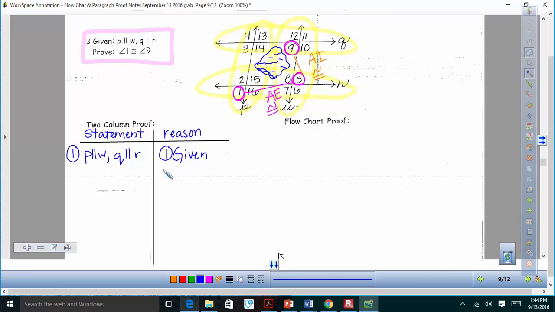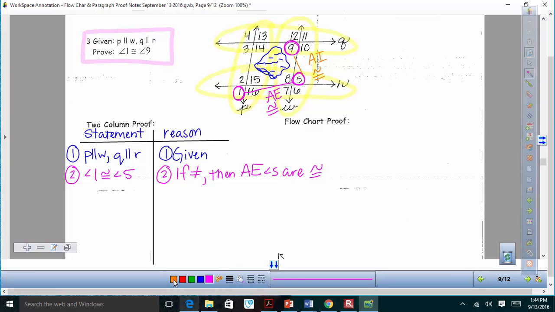Okay, so Luke, which one would you do first? Okay, you're going to do 1 to 5. So what do we know about 1 and 5? They're congruent. So I would write angle 1 is congruent to angle 5. And the reason is because if 2 parallel lines are cut by a transversal, then alternate exterior angles are congruent.